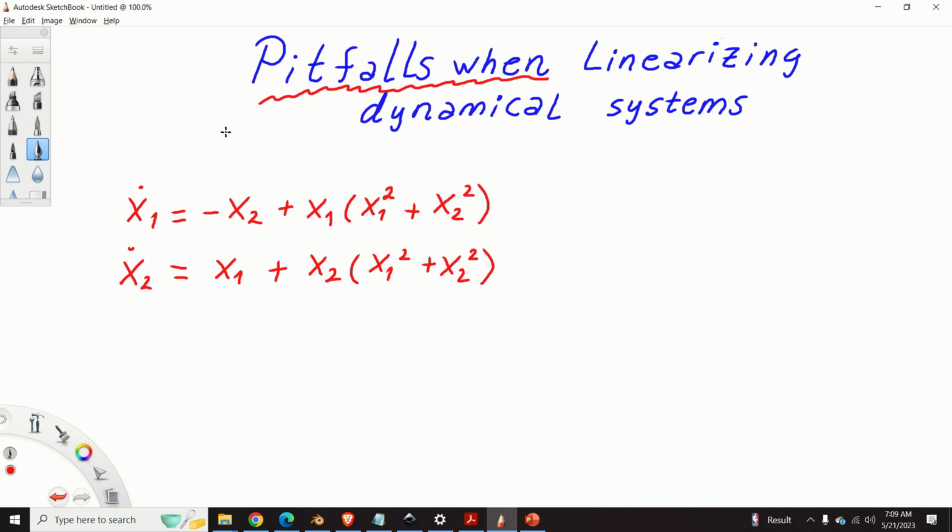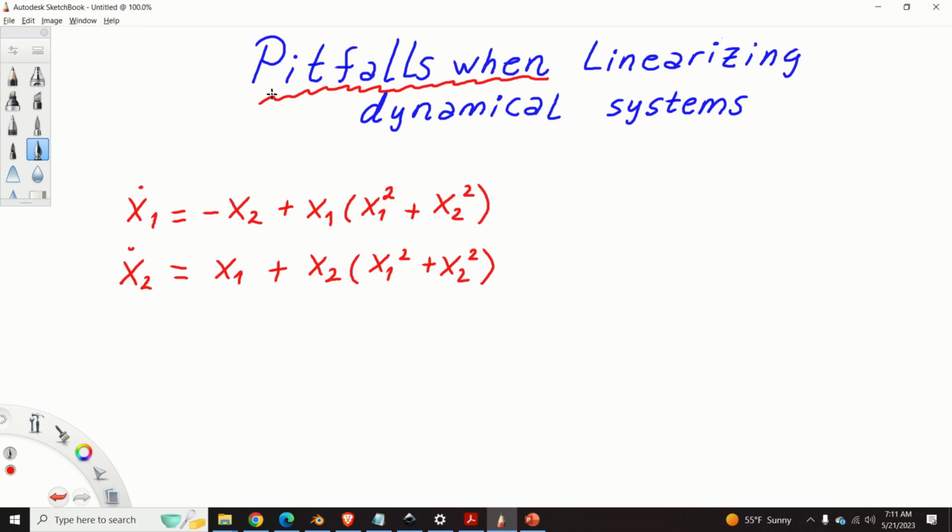However, I noticed that inexperienced students, researchers, or even engineers do not properly understand and apply a theorem that enables us to analyze the stability of a nonlinear system by analyzing the stability of a linear system. And consequently, they tend to draw wrong conclusions that can lead to devastating results.